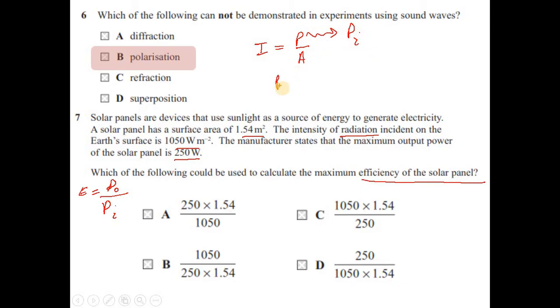So you can say that Pi is equal to I into A. That means 1050 multiplied by area, which is 1.54. So this is your input power, and the manufacturer is saying the output power is 250. Clearly efficiency is output power divided by input power. So this is your output PO and this is your input PI. Output upon input, so your option is D.